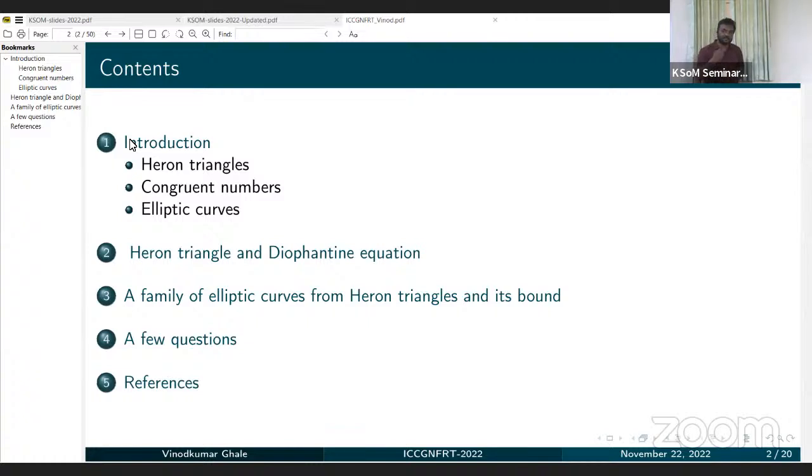And then I'll talk about a family of elliptic curves from Heron triangles and its bound, which is our recent work. And then I'll put up some questions about it, and then I'll give a list of references.